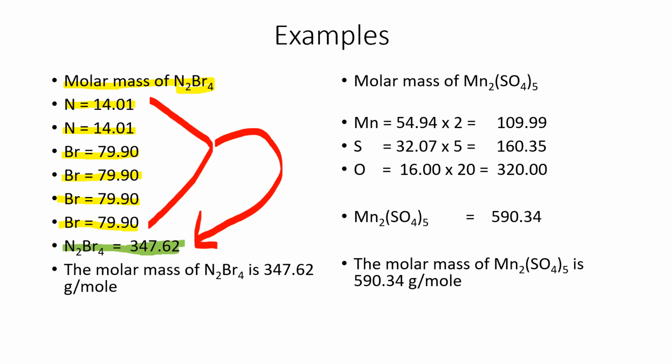So what that means is that the molar mass of N2Br4 is 347.62 grams per mole. Remember what that means. That molar mass means that many grams per 1 mole.